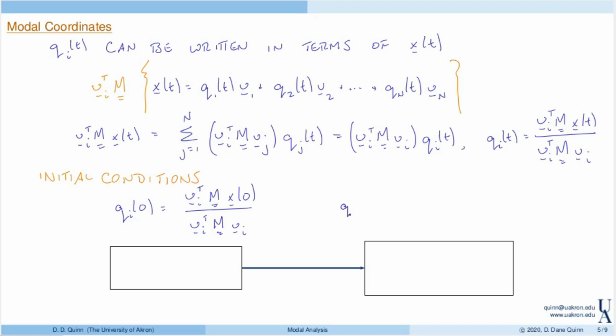And we have the same for the initial velocity. Just take the derivative of this with respect to time. The only things that depend on time are q and x. So q dot is ui transpose m times x dot initially, so the initial velocity, divided by ui transpose m times ui.